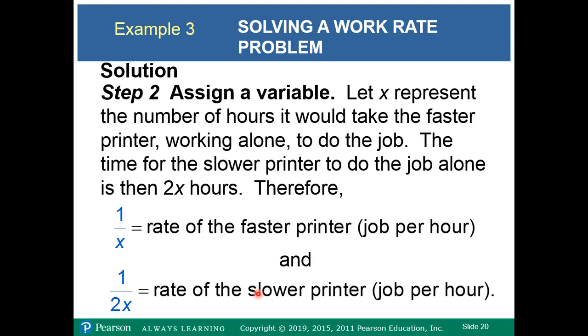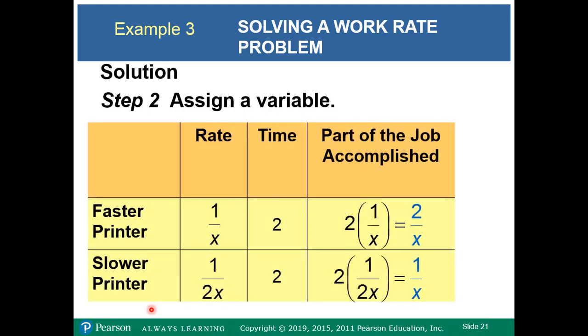So 1 over x is the rate of the faster printer, right? And the rate of the slower printer is 1 over 2x. Now for the faster printer, here's the rate, here's the time.